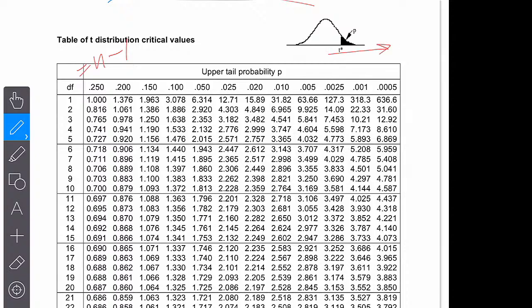As you go in that direction, the numbers go in this direction. So it leaves less and less upper tail. So you just got 12 values here, and because the distribution is symmetric, you also have the negative values and their probabilities. In the table you can infer from that.